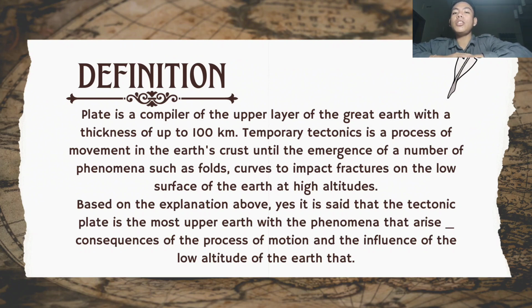Okay, first, the definition. A plate is a coupler of the upper layer of the earth with a thickness of up to 100 km. Tectonics is a process of movement in the earth's crust, leading to the emergence of a number of phenomena such as faults, folds, and impact structures on the lower surface of the earth at high altitudes.